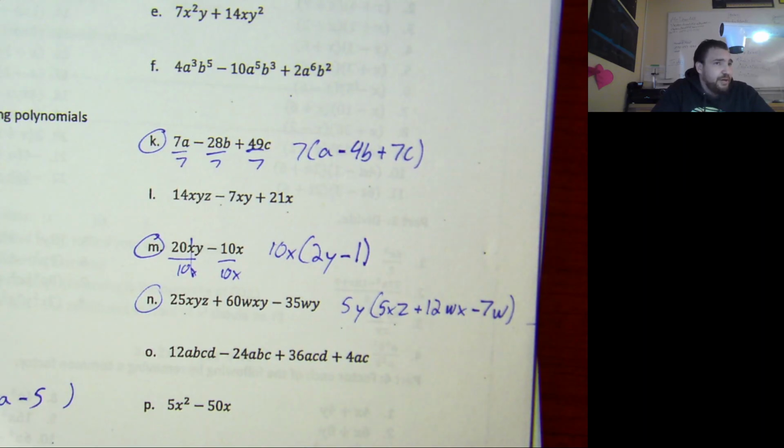So Danny asked a really good question that I want you all to hear the answer to. Danny said, well, what if I didn't notice that I could factor out a 5, and I just factored out the y? And I would get y bracket 25xz plus 60wx minus 35w.